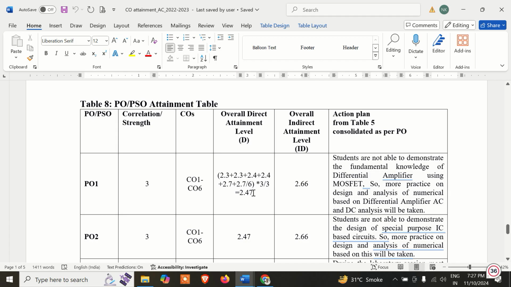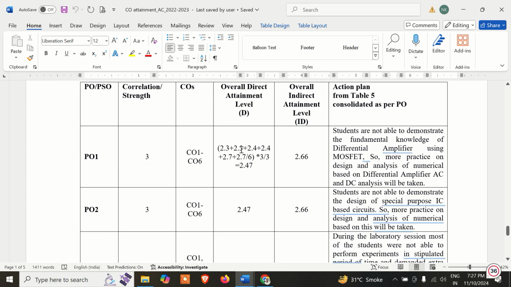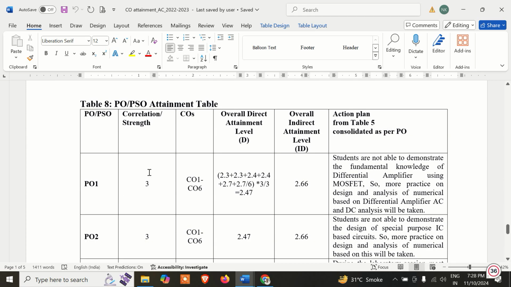Similarly, you have the overall indirect attainment level through your feedback system. Using the same formula, you calculate the indirect attainment level, and it comes out to be 2.66. So these direct and indirect methods are used to do the assessment, which are contributing to my POs by this much weightage.